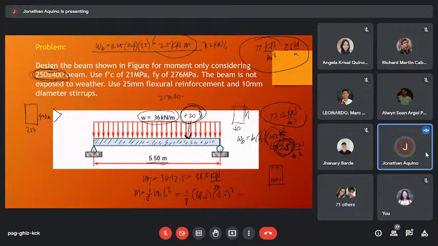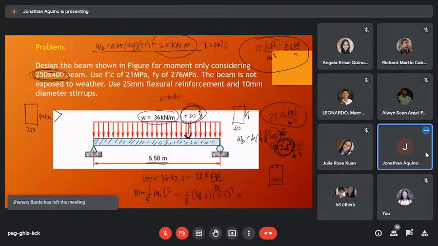This will give a value of 145.578 kilonewton meter.